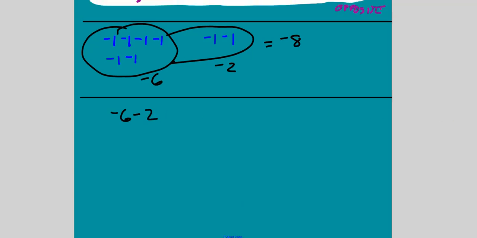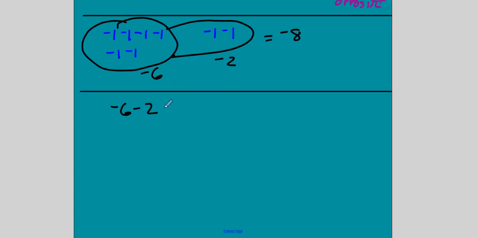We have all negatives here, so again, we could write this as -6 plus -2. When you have all negatives, you put them together. So -6 plus -2 gives you -8. Again, all negatives make more negatives, just like all positives make more positives.